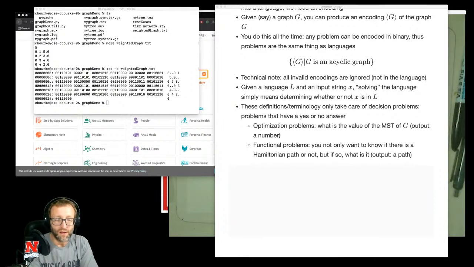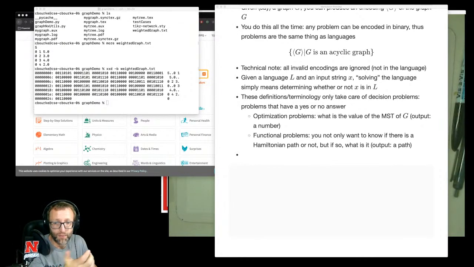It turns out that it doesn't really matter, because you can take an optimization problem or a functional problem and simply transform it into a decision problem. Here's how. I'll show you for optimization problems. Consider the following language.